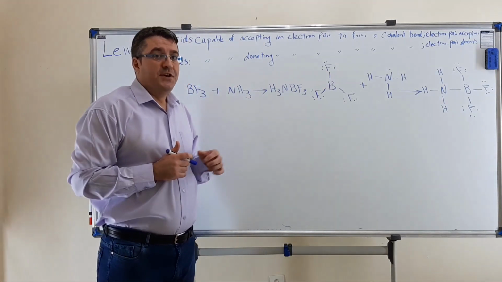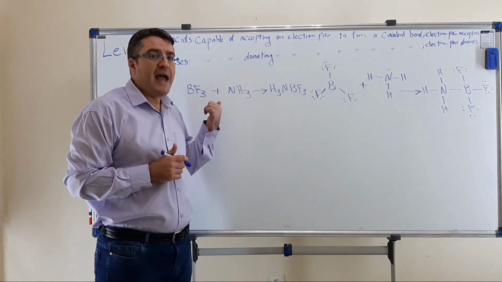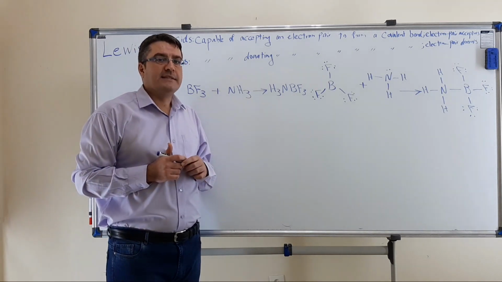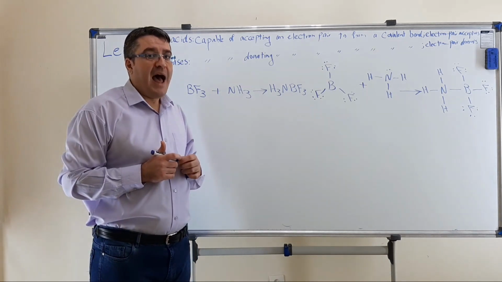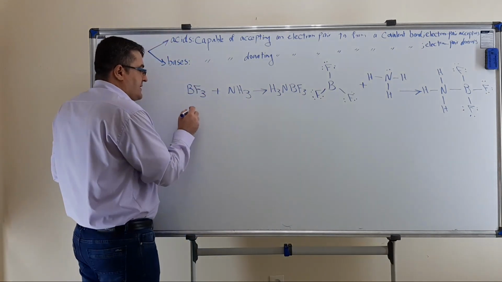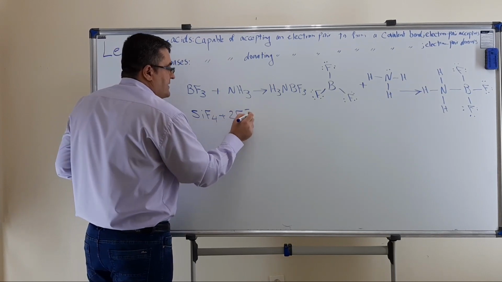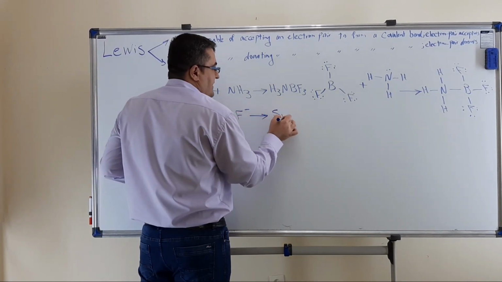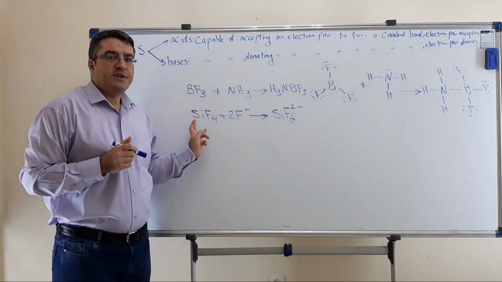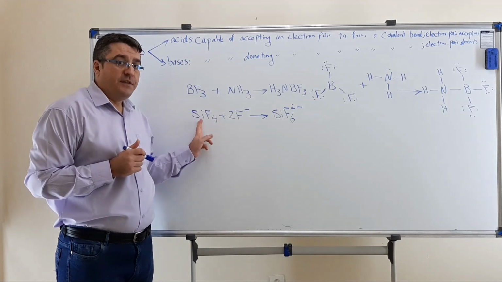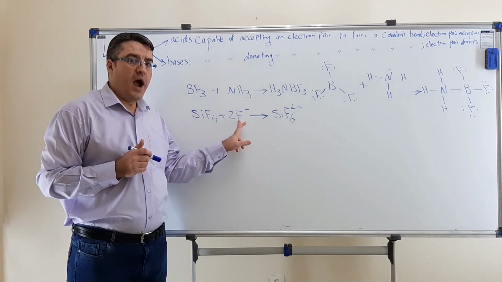While substances like BF3 with electron deficient atoms are good candidates as Lewis acids, many Lewis acids don't have any electron deficient atoms. For example, consider this reaction. SiF4 plus 2F- yields SiF6 2-. In this reaction, the silicon atom of the SiF4 accepts 2 electron pairs from 2 fluoride ions.